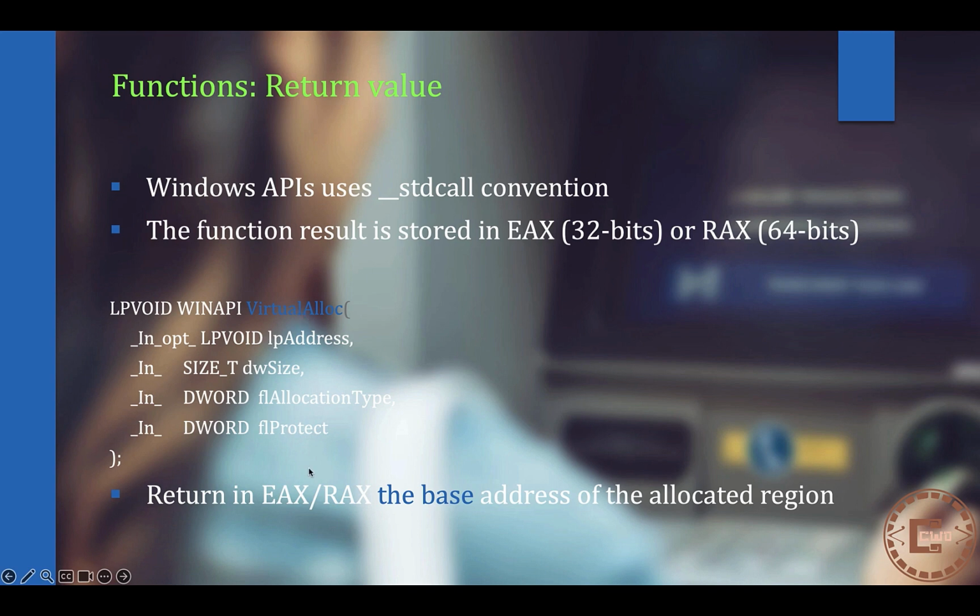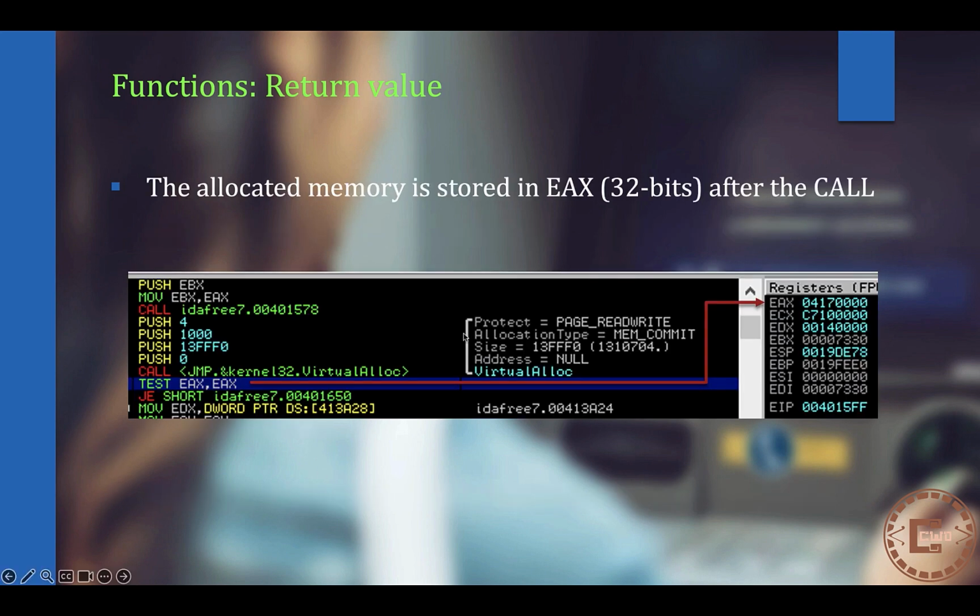You know that after this call, if it is 32 bits, the allocated address is going to be in EAX, or RAX in 64 bits.